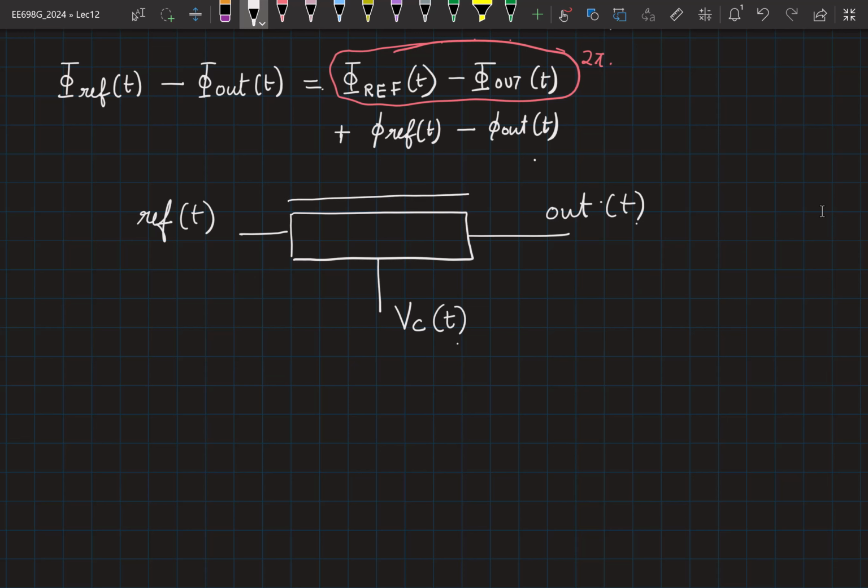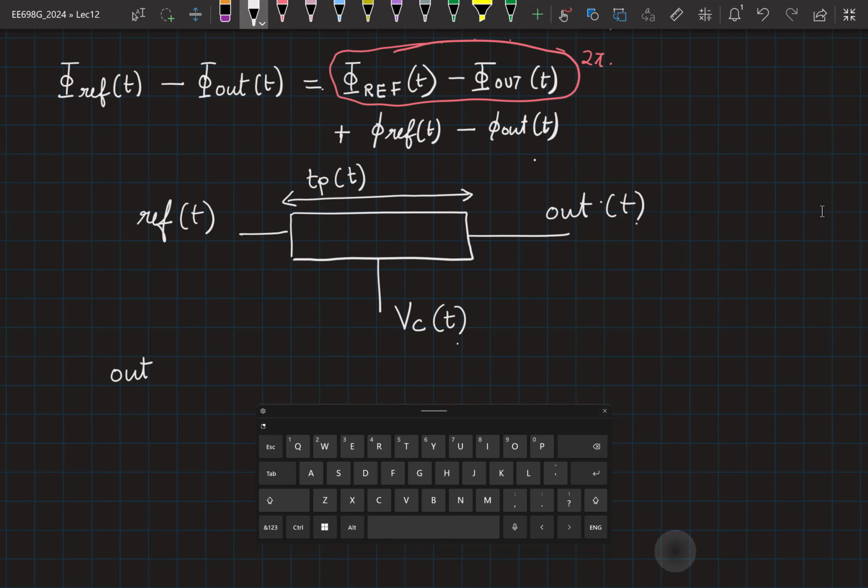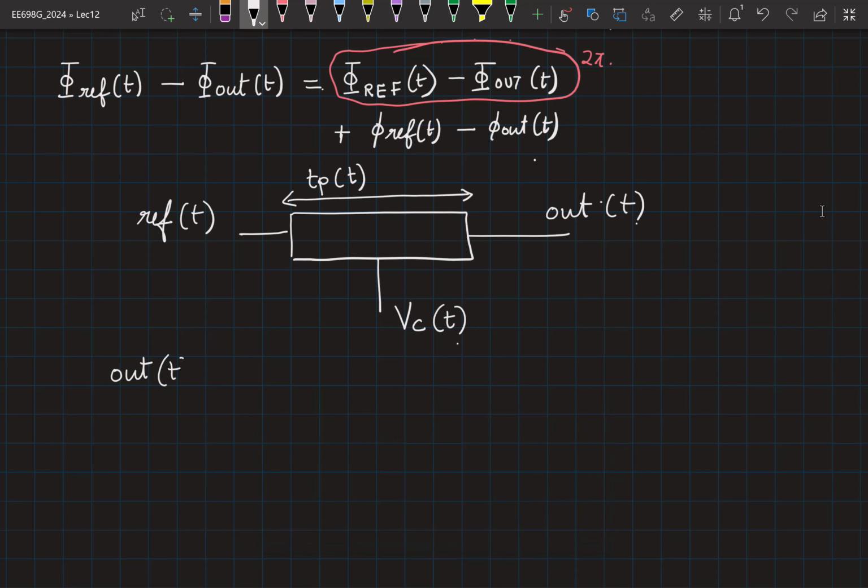Corresponding to that, the VCDL delay is some delay which is also a function of time. Okay. Now the expression for out of t will be equal to reference of t minus this delay, which is a function of time. Very interesting problem to have, right?